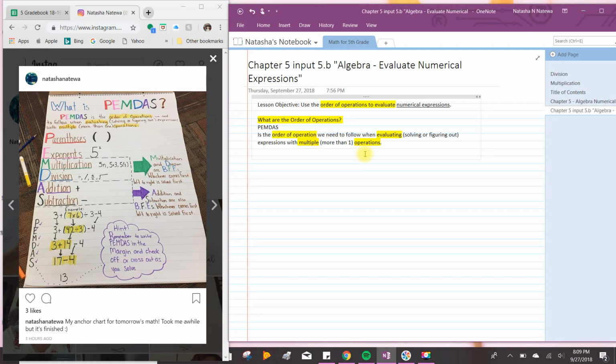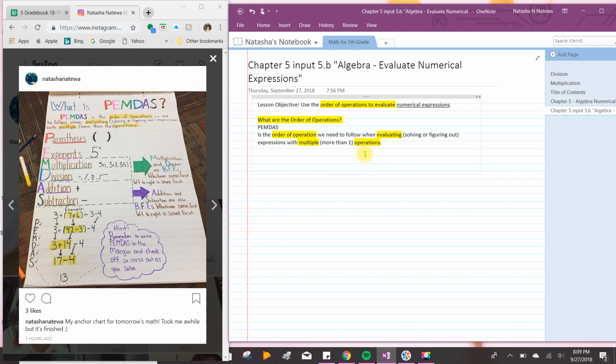A problem is going to want you to add and subtract. It's going to want you to maybe add, subtract, divide. It's going to maybe want you to subtract, multiply, divide. So that's what PEMDAS helps us figure out, which to start with.